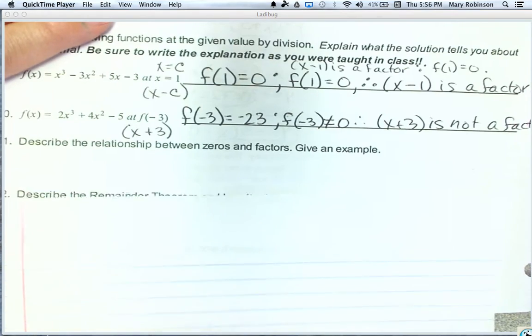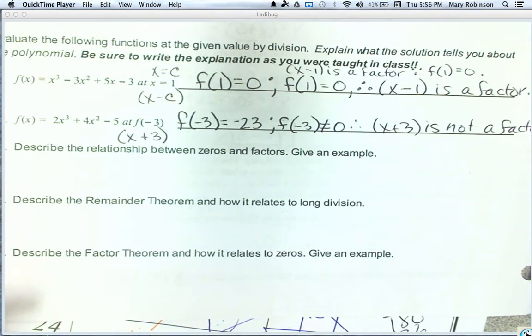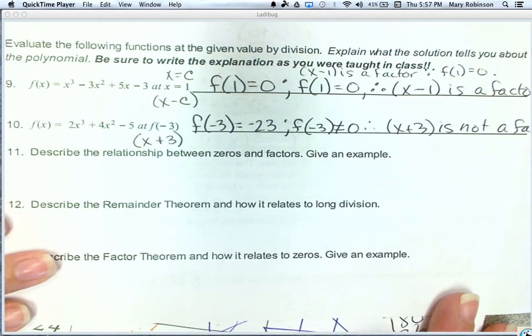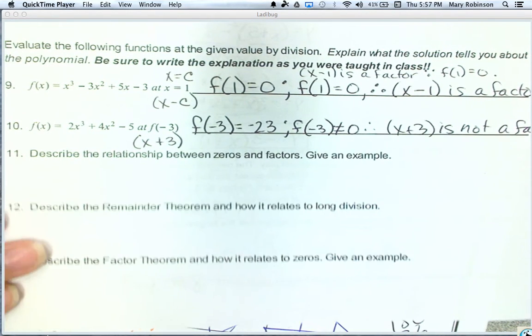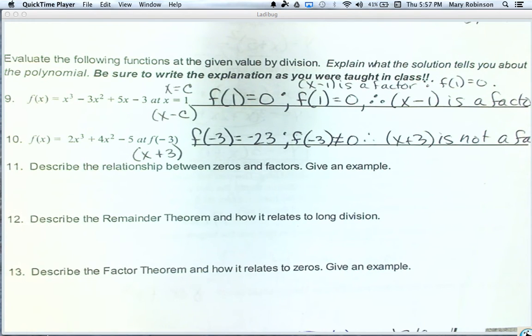All right. Number 11 asks you to describe the relationship between the zeros and factors. I do want you to write a sentence explaining what it means and to give an example. So please, when you write sentences in math and on your test, always write in complete sentences.